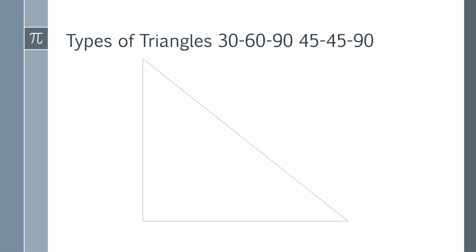Now let's do the 45, 45, 90. So to do the 45, 45, 90, just a rule to remember. The opposite leg is going to have a measure of x. So if that's x, well, the adjacent leg is going to have the same measure as the opposite.